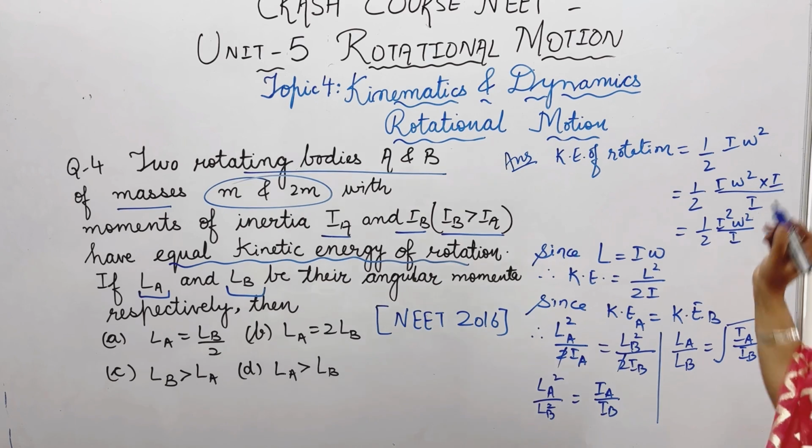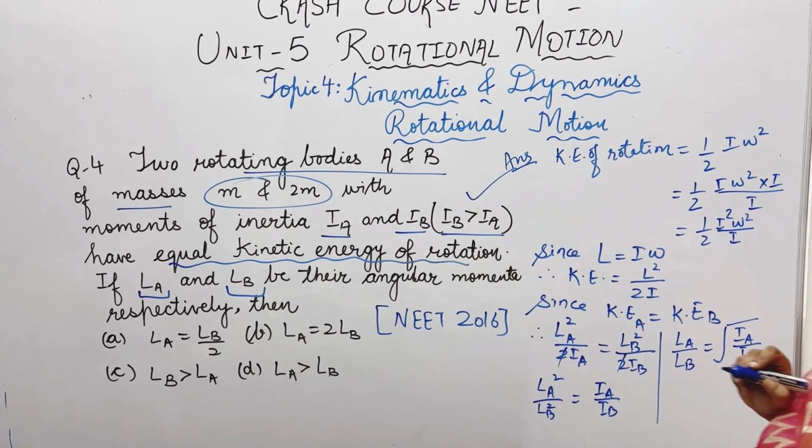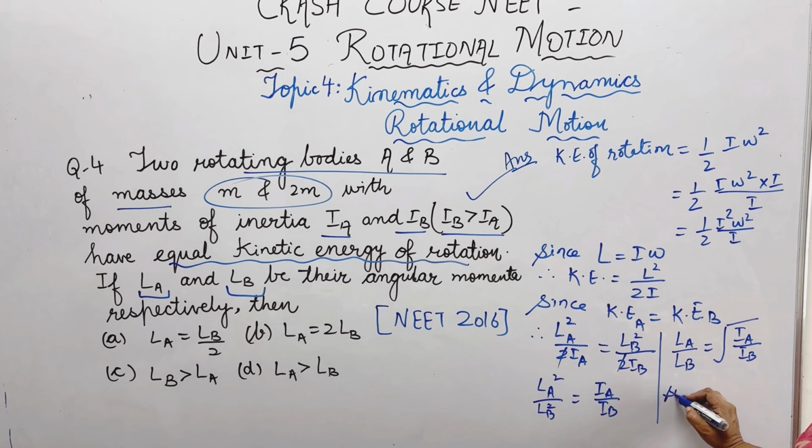Now one more thing is given to us, the moment of inertia of the body B is greater than that of A. Since IA is less than IB, therefore LA is less than LB.